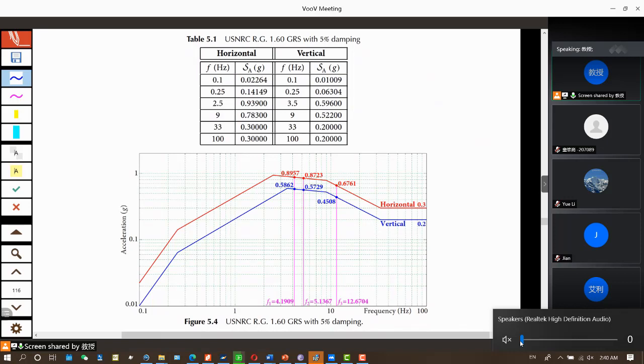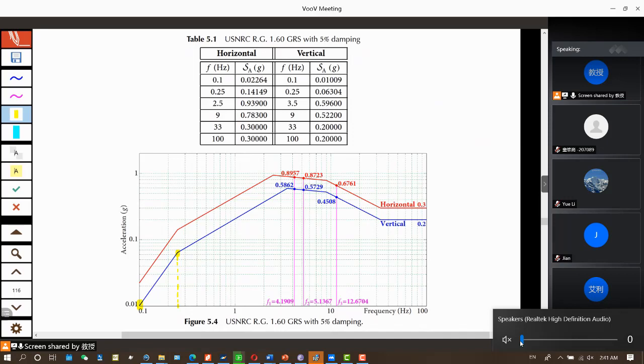Yeah, 2.5. This is horizontal. Red is horizontal, so 2.5 is here. Okay, and 9 is this. And 33 and 100. Okay, so we have these critical points.